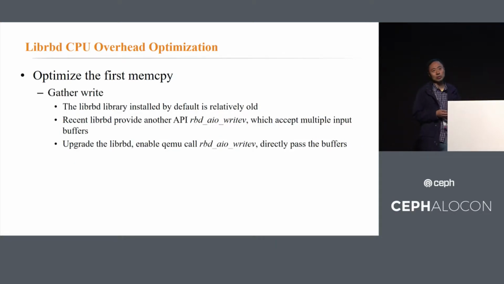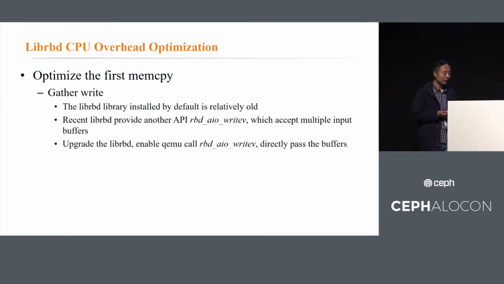Okay, how to remove this memcpy? We found that the librbd library installed by default by CentOS is relatively old. The recent librbd has already provided another API called rbd_aio_writev, which accepts multiple buffers.